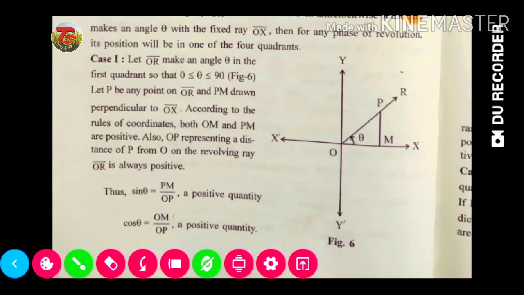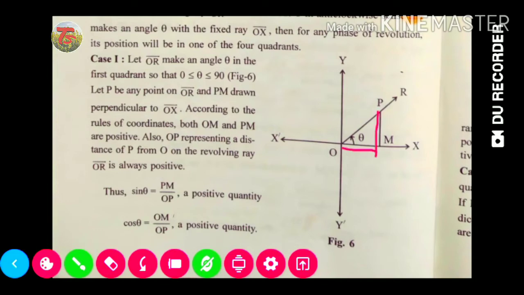Let P be any point on OR, and PM drawn perpendicular to OX. This perpendicular we are drawing on OX. According to the rules of coordinates, both OM, because it is in the first quadrant, will be positive.